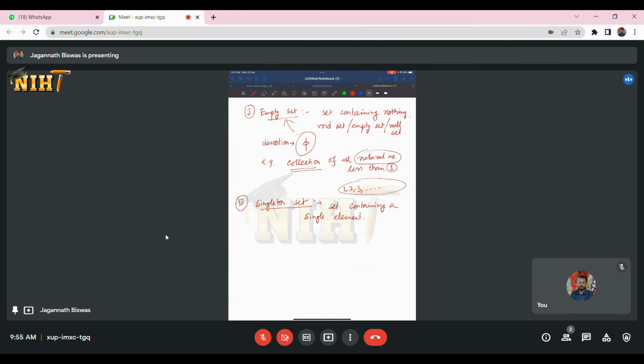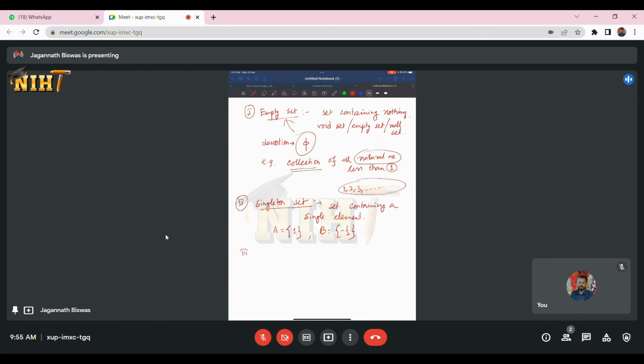For example, suppose b is equal to minus half. The set which contains only one element is called the singleton set.